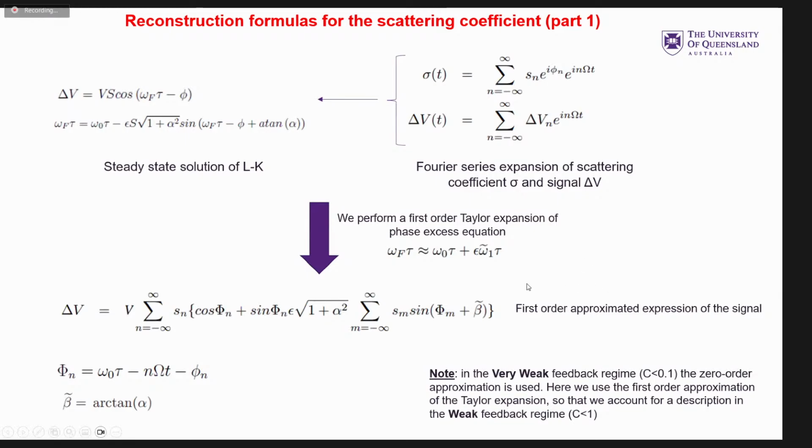We noticed that in the very weak feedback regime, which corresponds to Hackett parameter C lower than 0.1, the zero-order approximation is commonly used, so omega f is equal to omega 0. But in our theory, we add a first-order correction, which allows us to take into account higher feedback, so that we can describe the whole weak feedback regime, corresponding to C lower than 1.